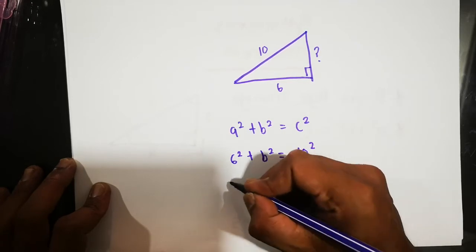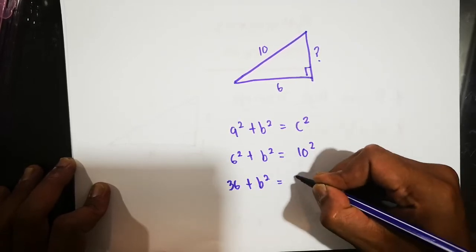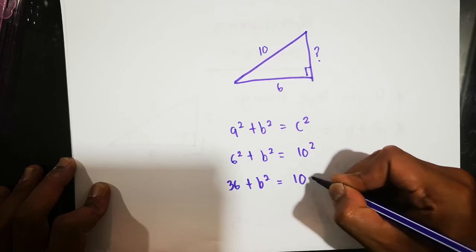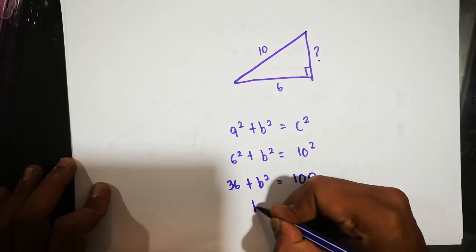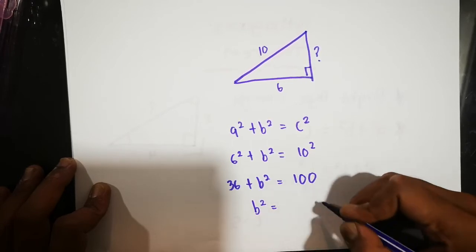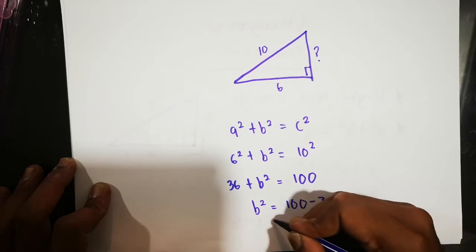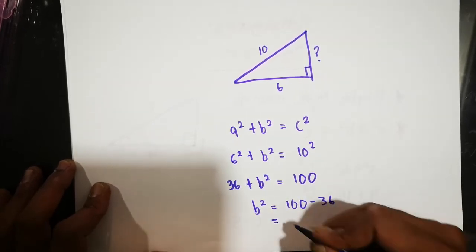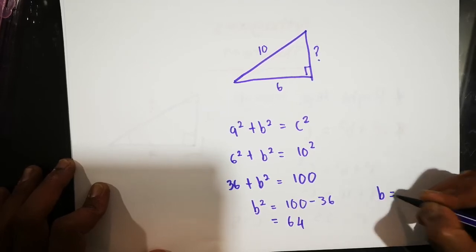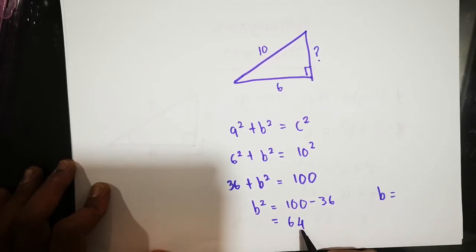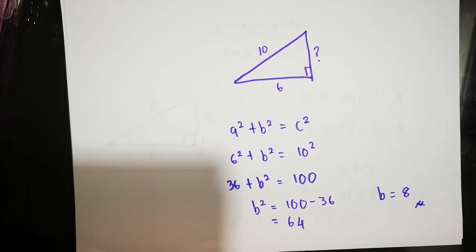So 6 square is 36 plus B square is equals to 100. Okay, I bring this over here. Make b square subject. B square is equals to 100 minus 36 is equals to 64. So b is equals to square root 64. I will get 8. So there you have it.